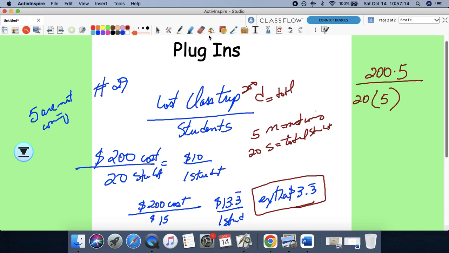So now the extra cost is, let's just multiply 3.3 times 15, you get 199, that's okay. 3.33 times 15.